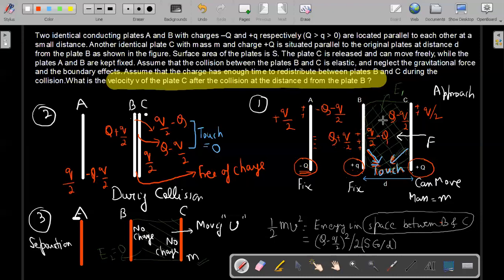You can think of the space between B and C as a parallel plate capacitor which had some initial energy, and now that capacitor is discharged. The same capacitor has zero energy now, and that means the energy released by this capacitor is transformed into the kinetic energy of plate C. In this way, you can find out the velocity v of plate C, and that was our question.